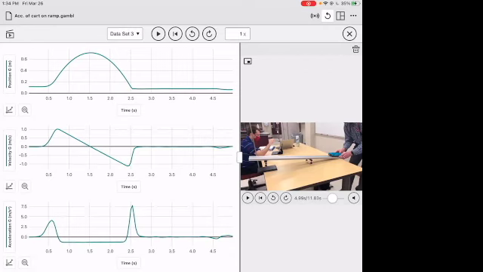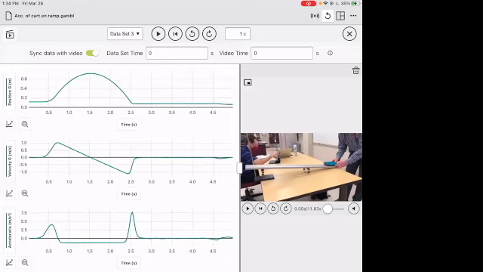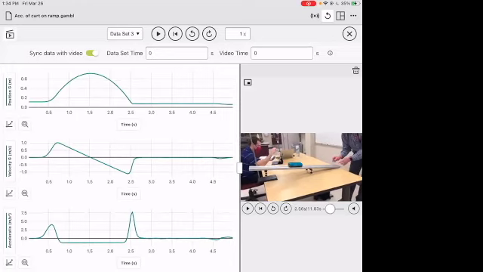So I click on this little icon up in the left-hand corner, this button that says sync data with videos on. And what I do is I move my video up to a point where I know exactly what the graph should look like. I'll come up so that the cart is at the very top of its motion, and that's at 2.39 seconds.